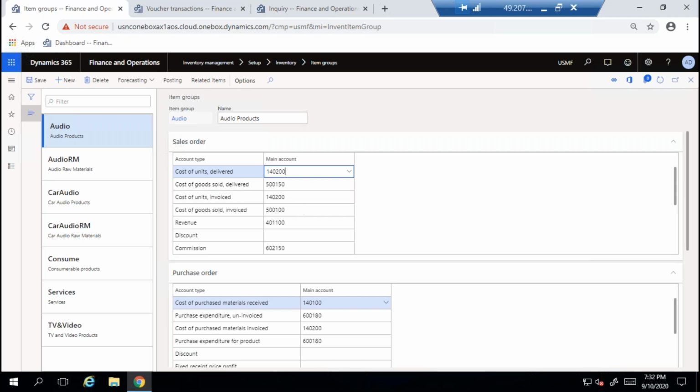Actually, this is a one-time setup. Once it is mapped, you can forget it. But my suggestion is, if you want to become a strong finance consultant, try to explore all these things properly. Whatever I have explained yesterday and today, please go through this recording repeatedly and try to understand it.